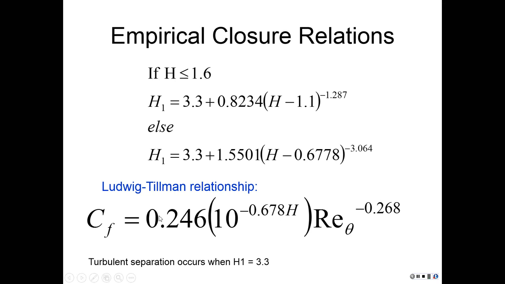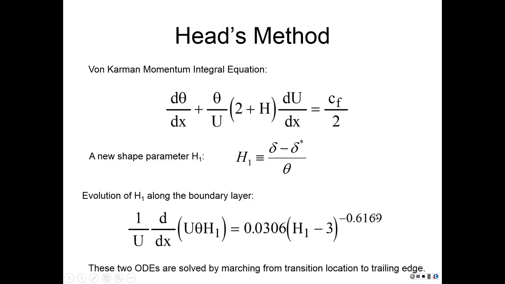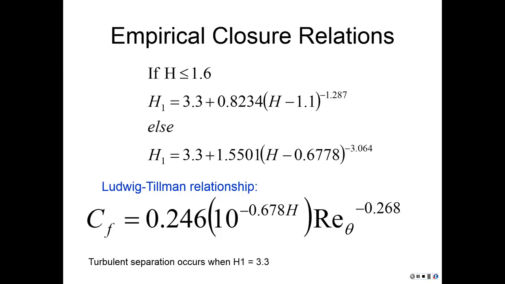Then once you know H, you solve for the skin friction. Once you have the skin friction, you put it in here, H in here, march to solve for theta. So there's one ODE that you march from left to right, from the transition point towards the trailing edge. This is another ODE for H1. All the rest of it is empirical relationships.